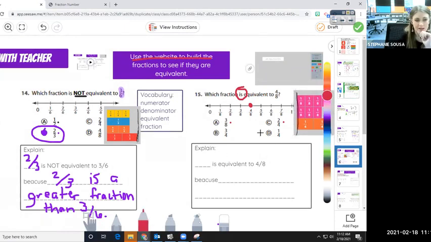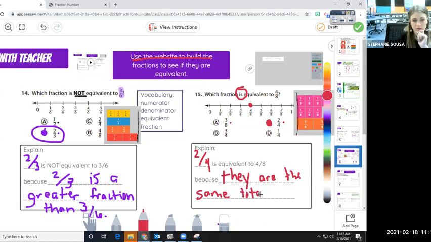So which fraction is the same size? 2/4. 2/4 is equivalent to 4/8 because they are the same total size or total length.